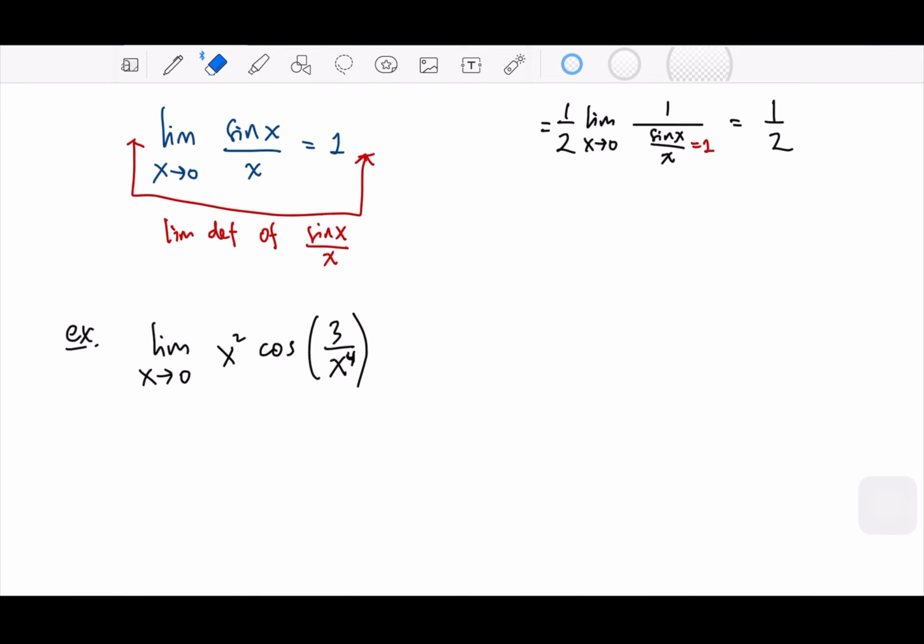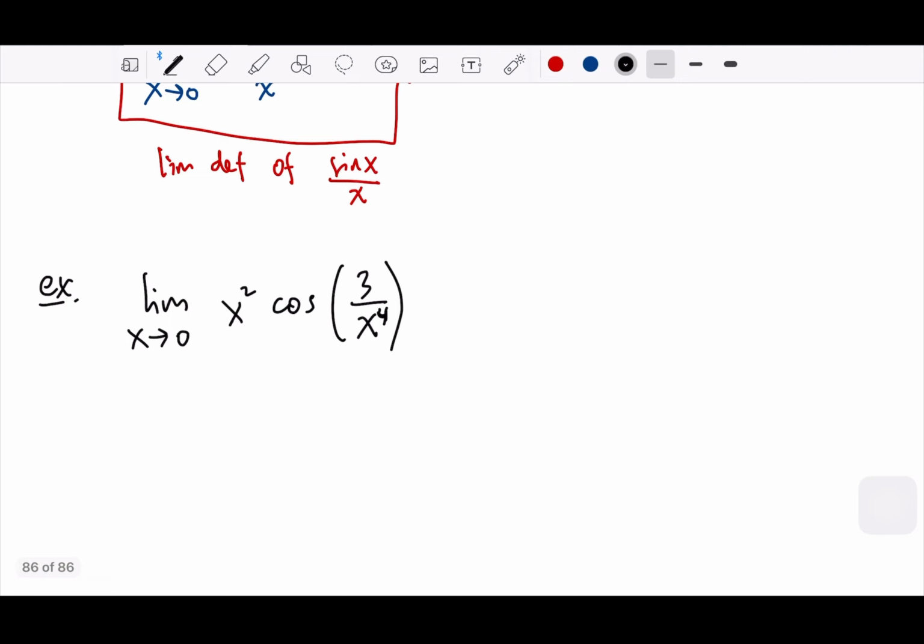Okay, now if we look here, there's some confusion if we are going to evaluate x with 0. It's 0. It seems that this will have an infinite factor, right?